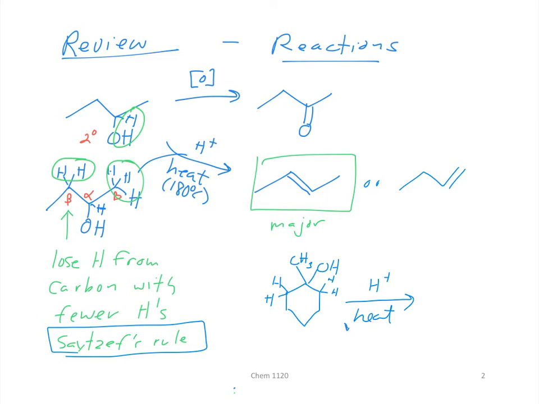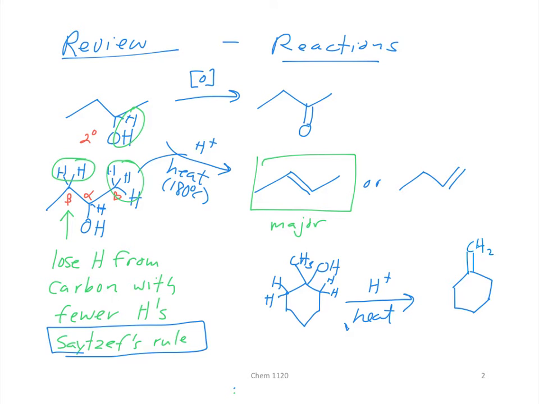If we dehydrate up to the CH3 group on top, we'd lose the OH and an H up there and form a double bond in that direction, with a CH2 group out here. So that's one possibility.